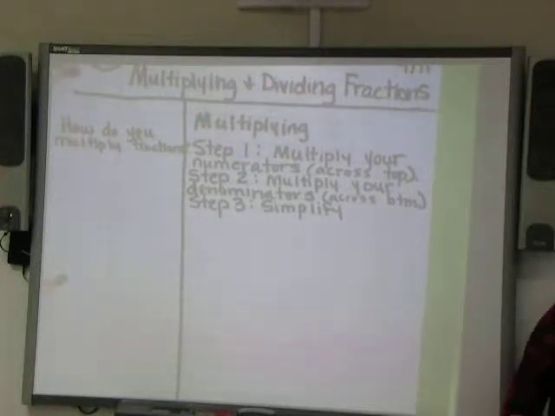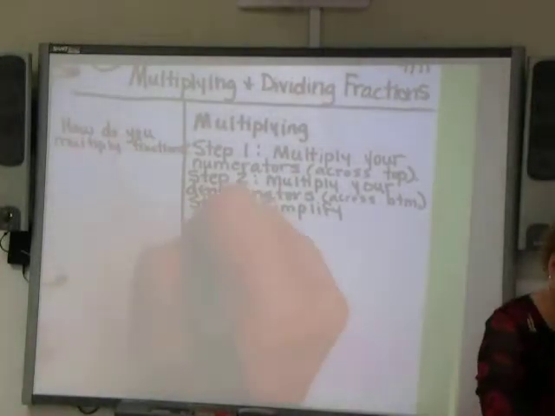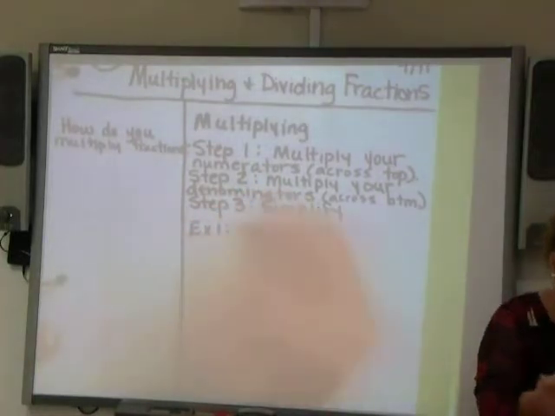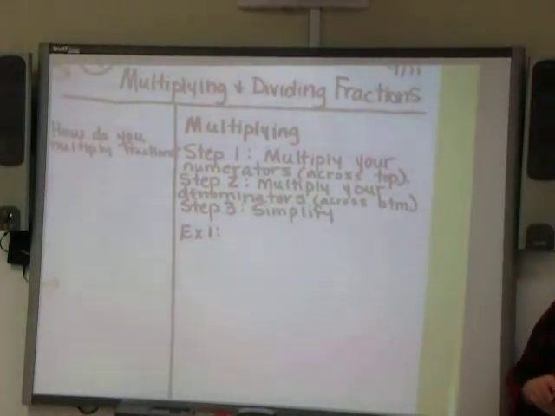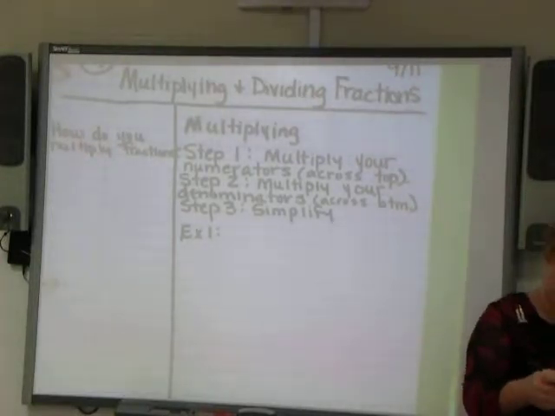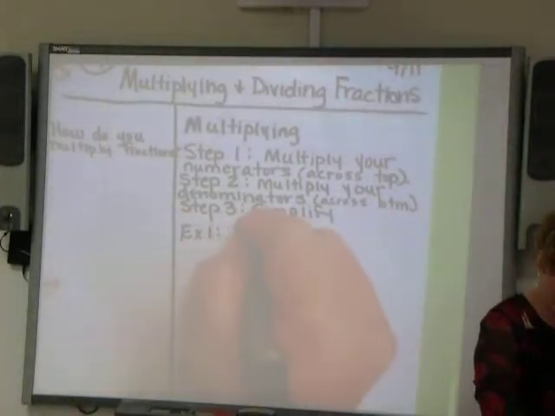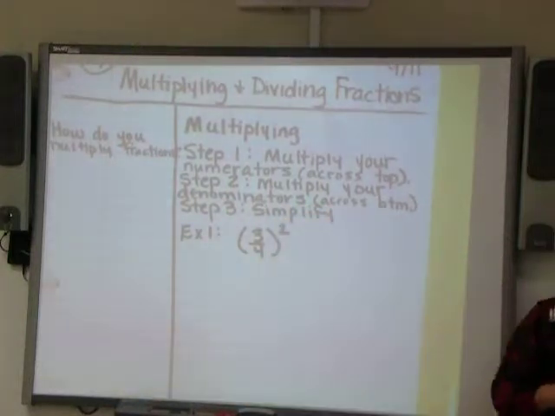So example 1, we're going to do 2 examples for each type. I might have 3/4 squared.